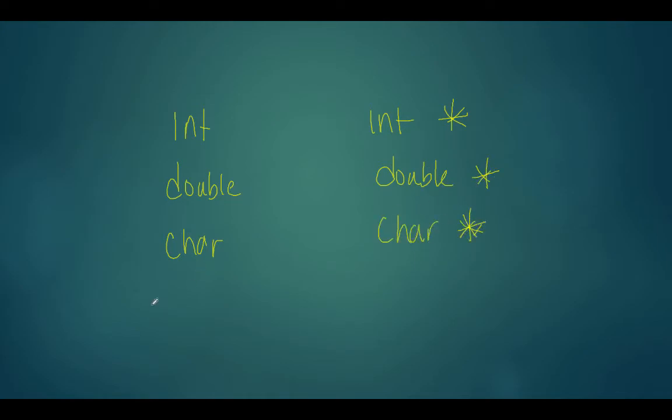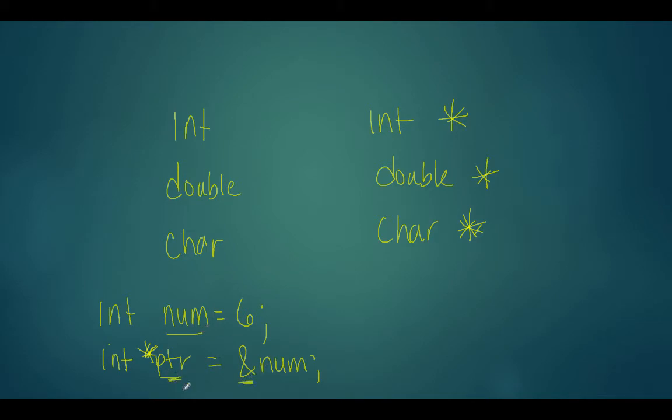You can take any integer, say int num equals 6, and you can take any integer pointer that points to the address of num. You can take any integer like num and turn it into an address by putting the ampersand in front of it, and you can take any pointer and turn it to value at by putting the asterisk in front of it. So that's just a little review from the previous video.